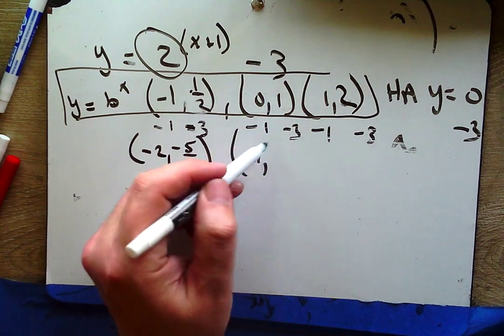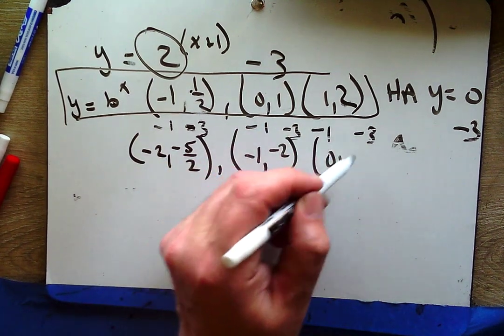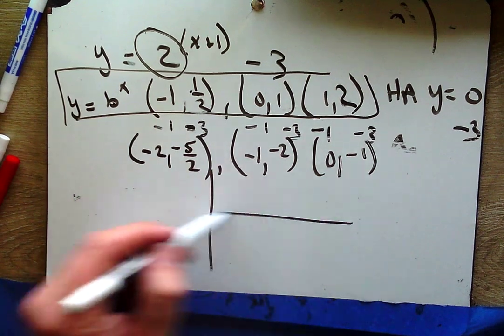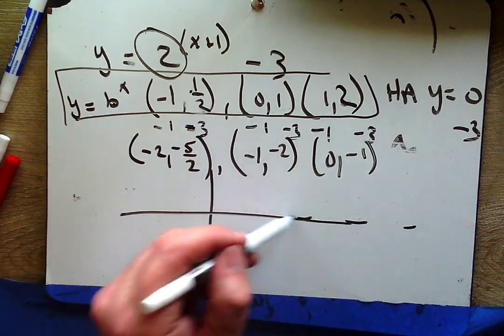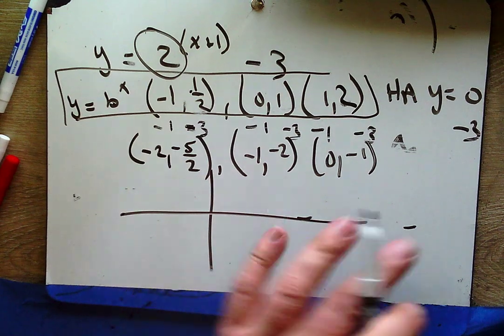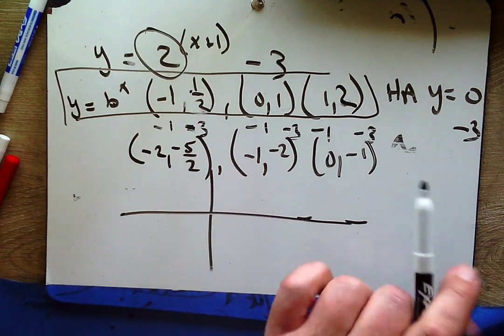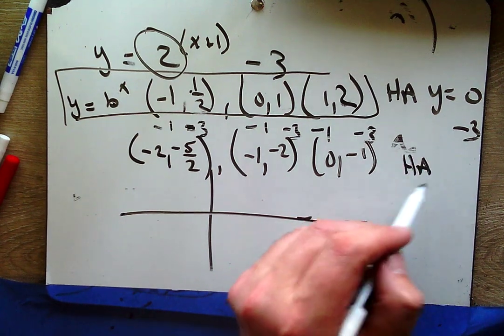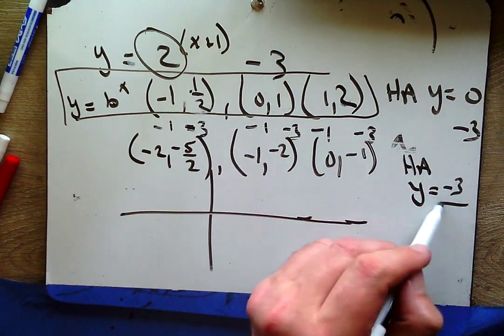Negative 1, negative 2, 0, negative 1. Remember, we still have a horizontal asymptote not at 0. Our horizontal asymptote is y equals negative 3.